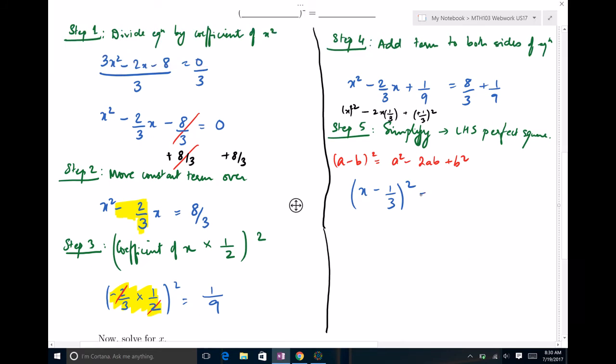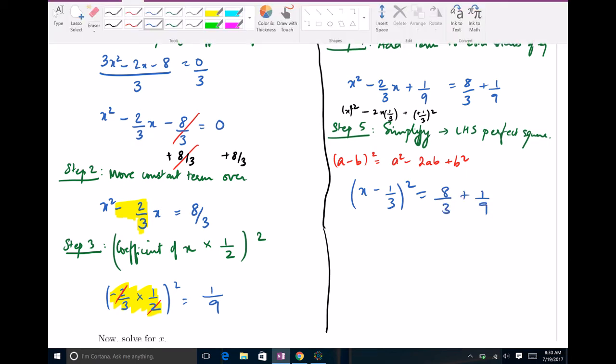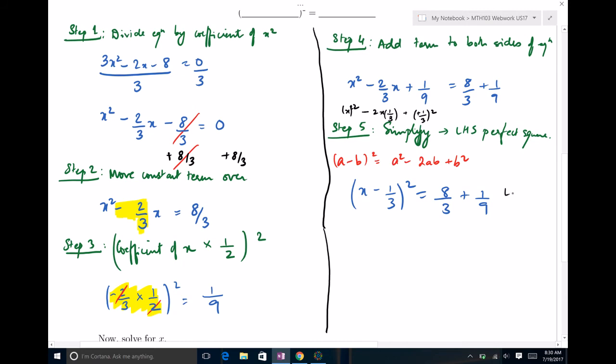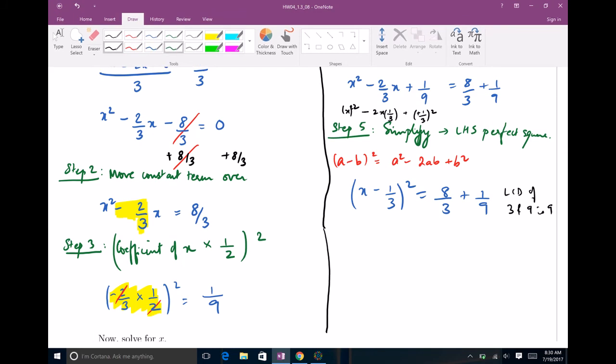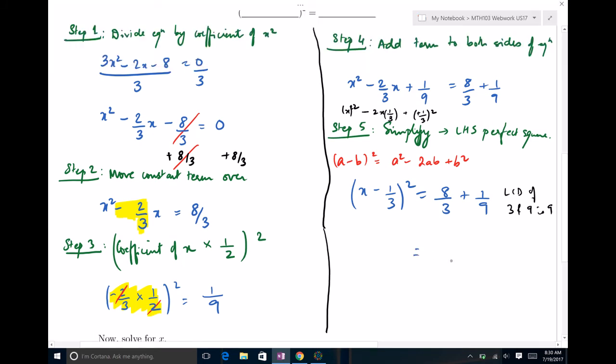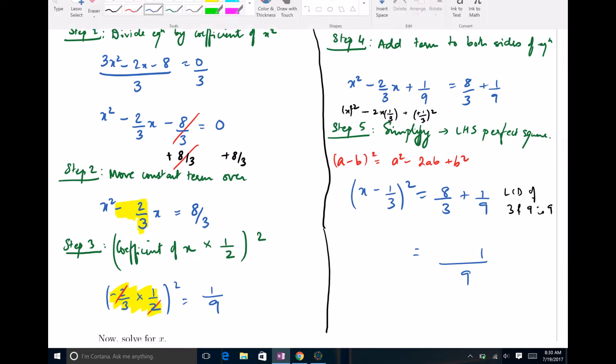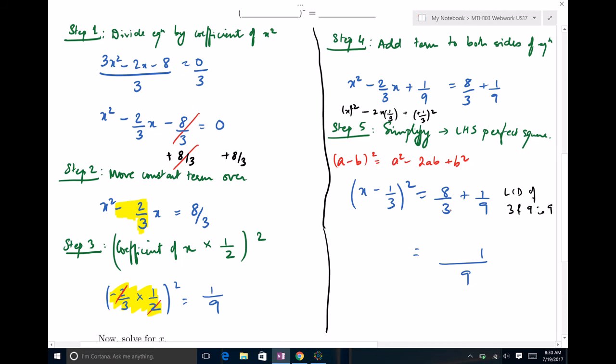And then on the right hand side, we want to simplify 8 over 3 plus 1 over 9. So we're going to find the LCD for both these terms. The LCD of 3 and 9 is just 9. So I'm going to rewrite this with the common denominator of 9. 3 times 3 gives me 9.